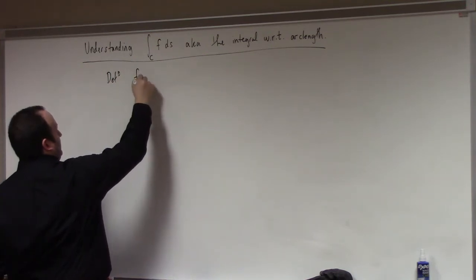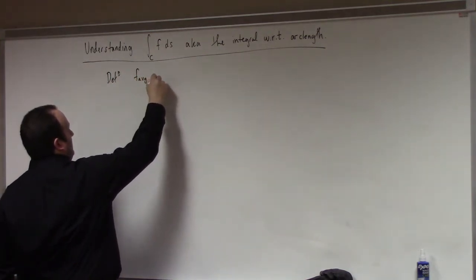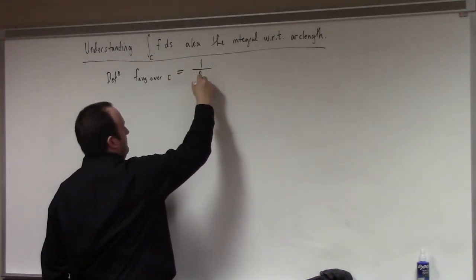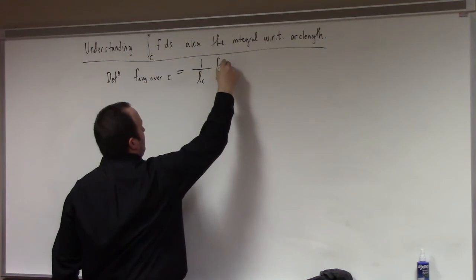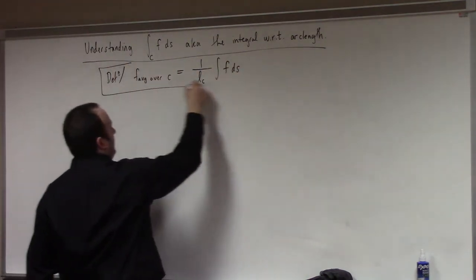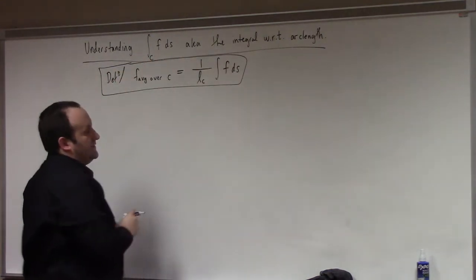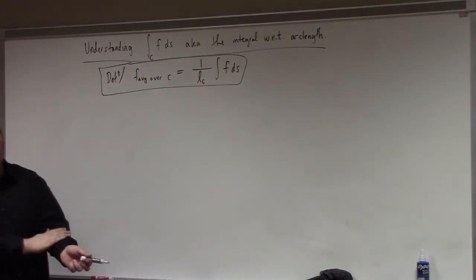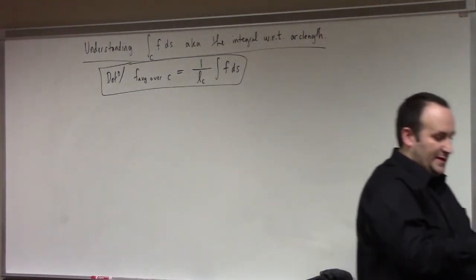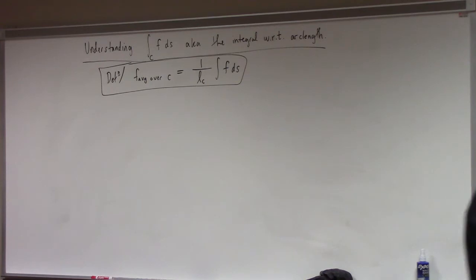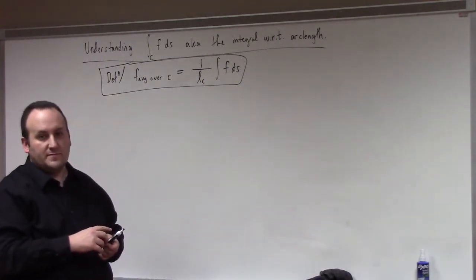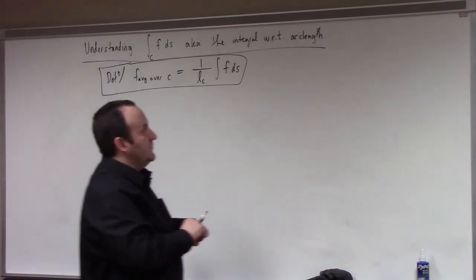The average over C would be 1 over the length of C times the integral of f ds. So to get the average of a function on a curve, you calculate the integral of the function along the curve with respect to arc length and divide by the arc length. That gives you the average of the function over the curve. This is the straightforward generalization of the one you learned in Calculus 1.